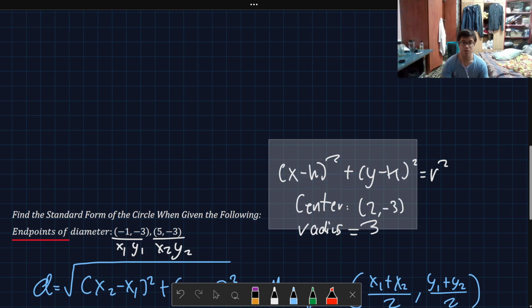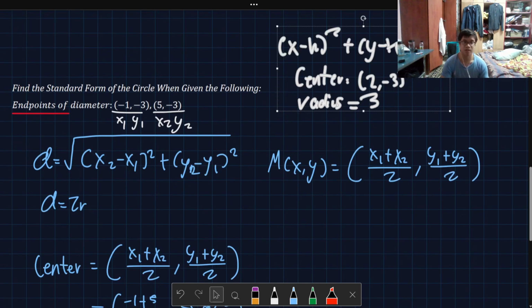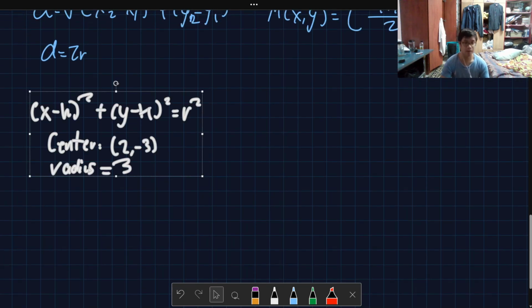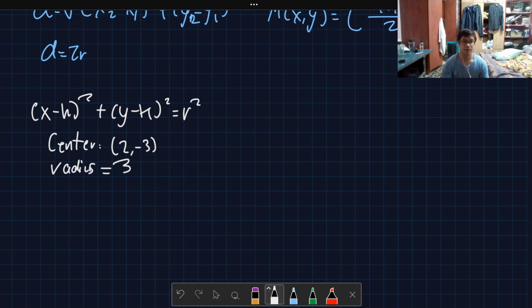We can now use this formula to find the standard form of the circle. So, given that we have center as (2, negative 3) and radius as 3, we will substitute it here. Your h is, once again, on the left side of the pair, so it's 2, and your k is negative 3.